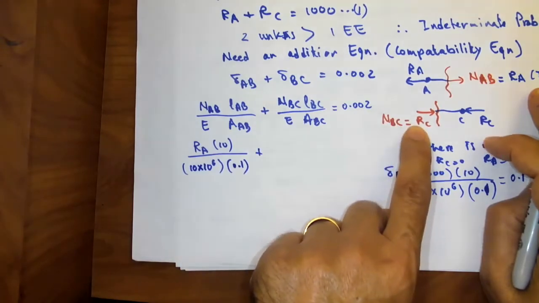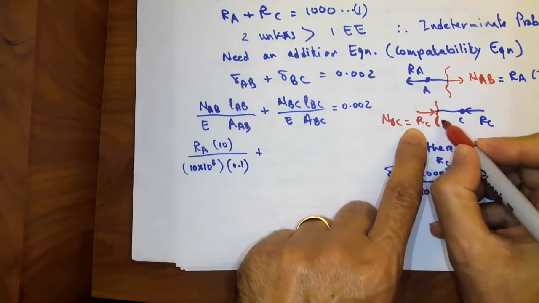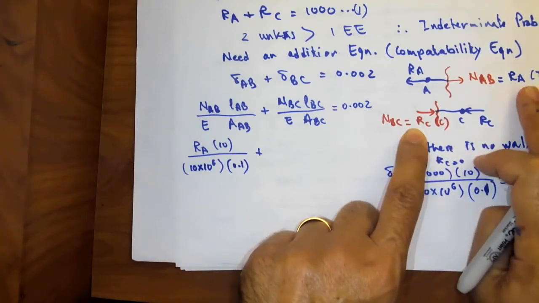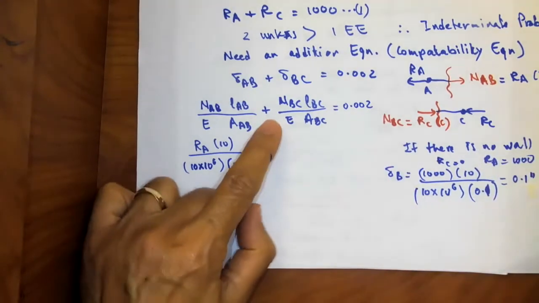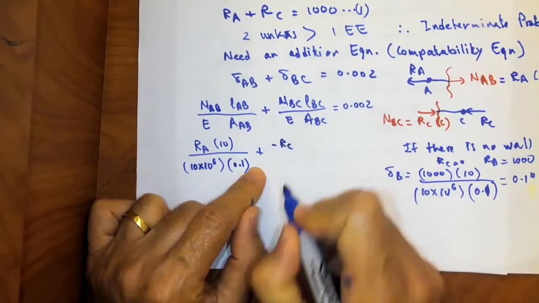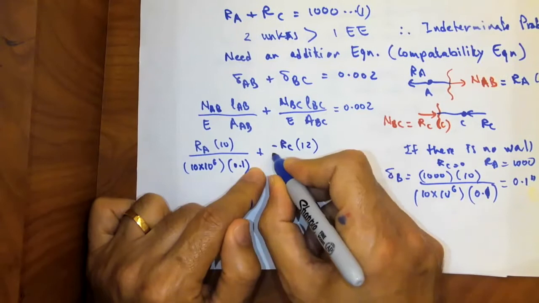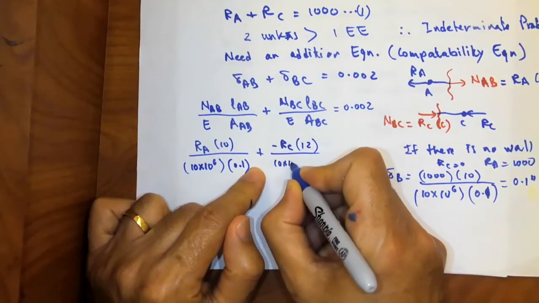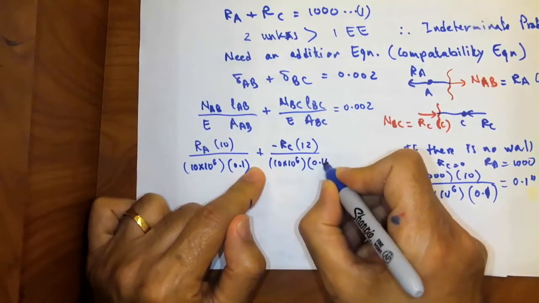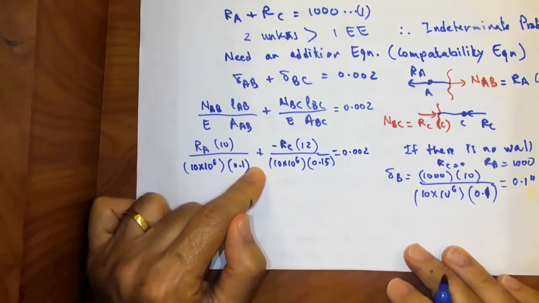NBC is equal to RC, but please pay attention because this is compression. Like I said, RE here was tension. So I can replace NBC with a minus RC. And LBC is 12 divided by 10 times 10 to the power 6 divided by 0.15. This is equal to 0.002.